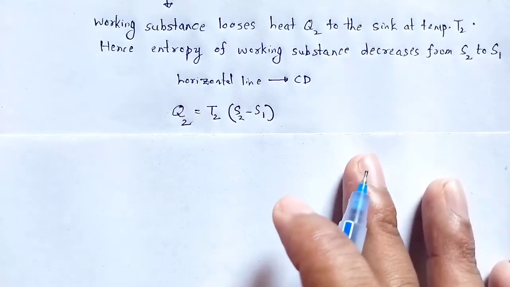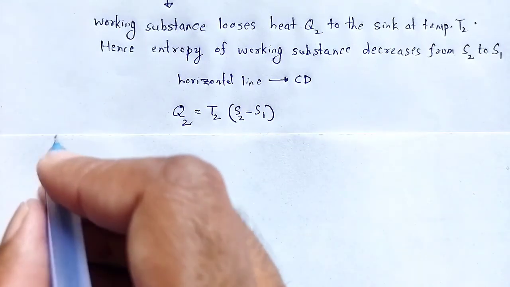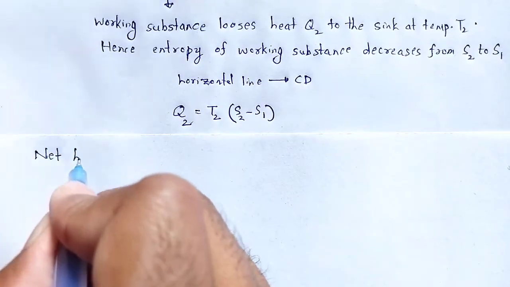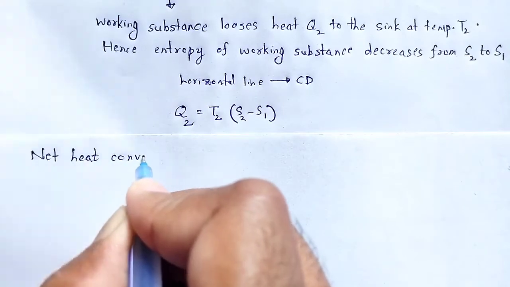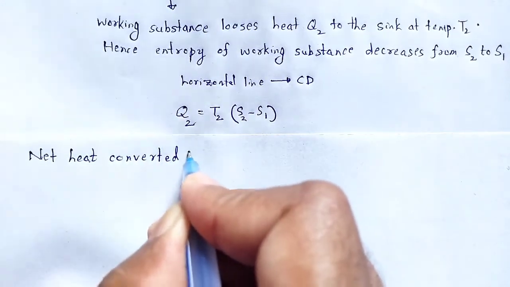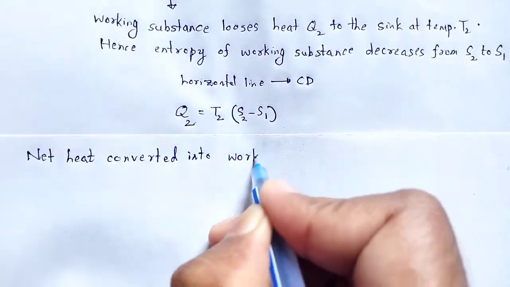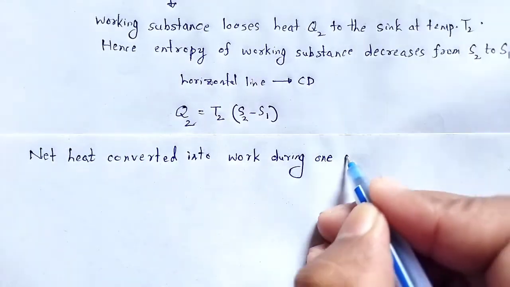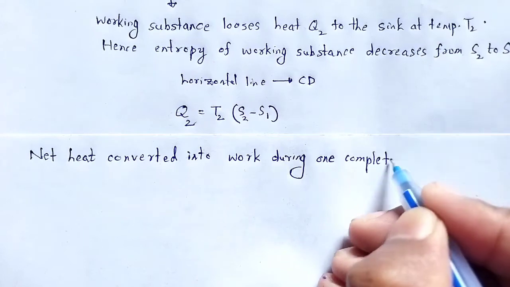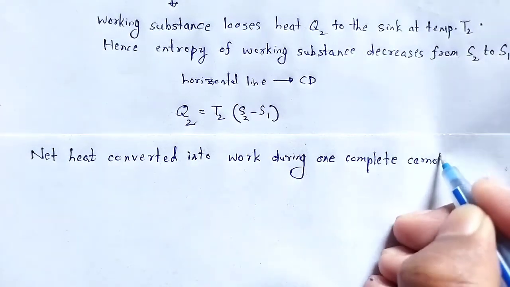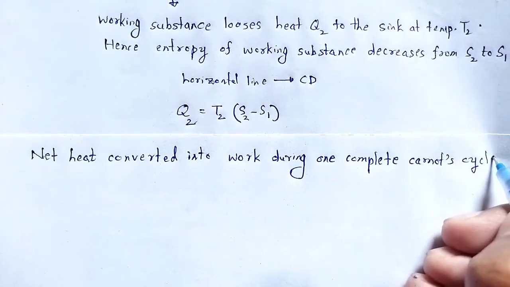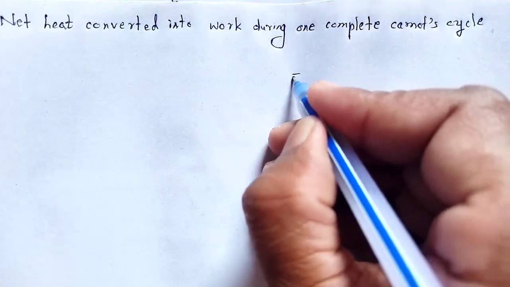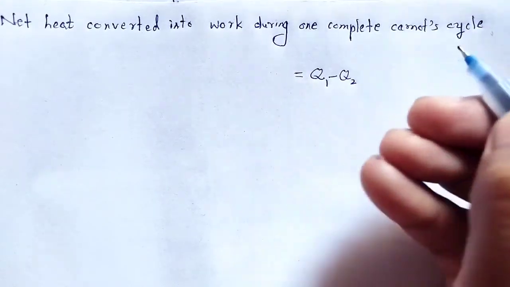To calculate the efficiency, first we take the net amount of heat converted into work during one complete Carnot cycle, which is Q1 minus Q2.